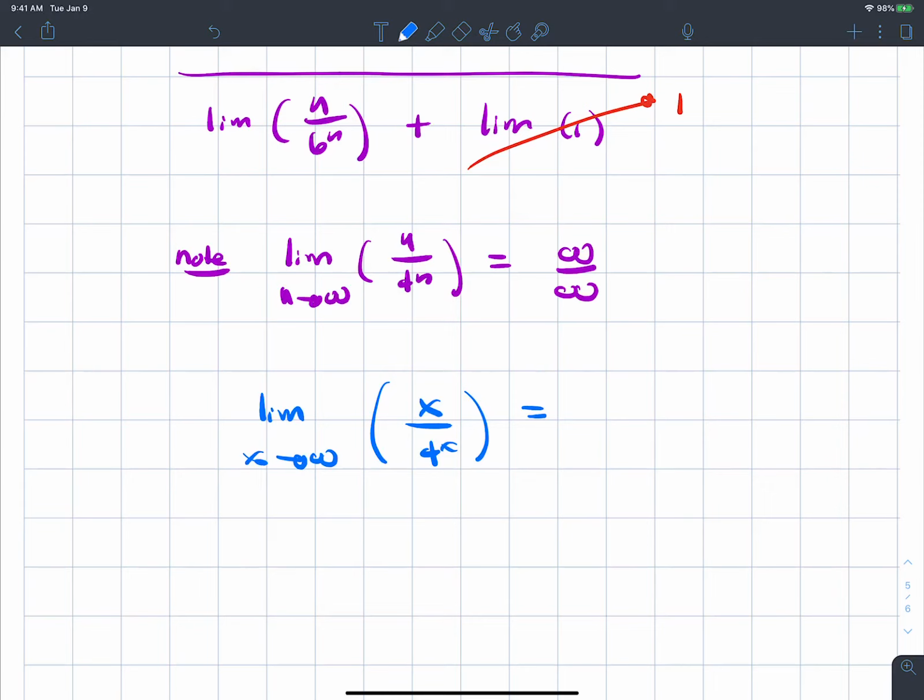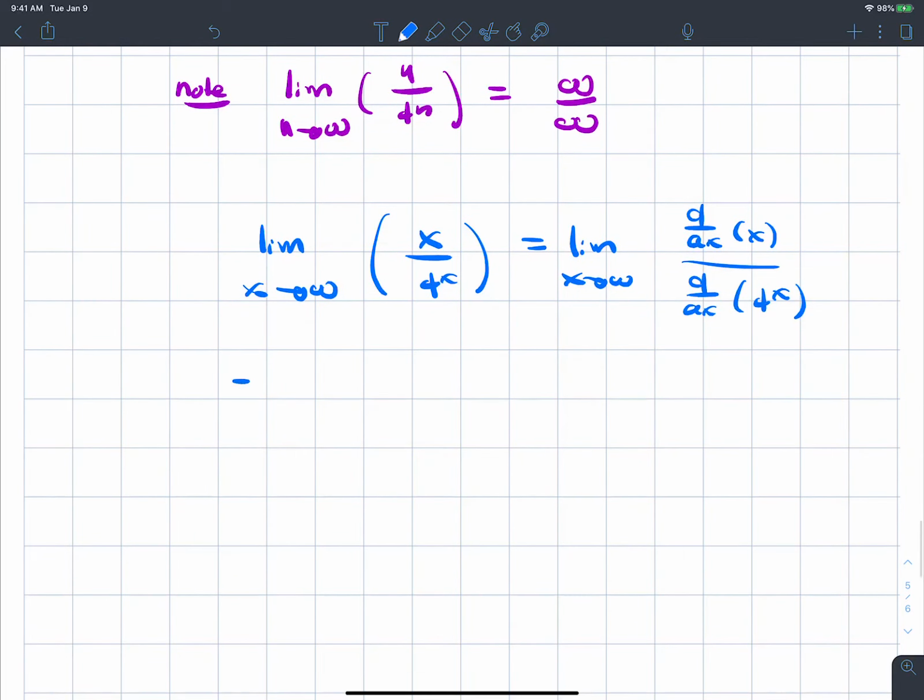Well, that limit here, by L'Hopital's rule, is the limit as x gets big. Remember, differentiate the numerator and differentiate the denominator. That's going to be the limit of 1 over, and you have to remember, what's the derivative of 4 to the x?